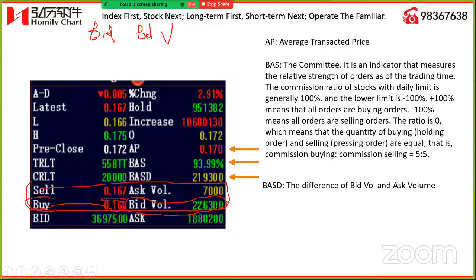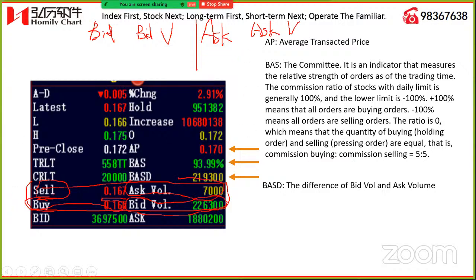Then on the market depth you will also see the ask price and what is the ask volume, the sell price and the ask volume.